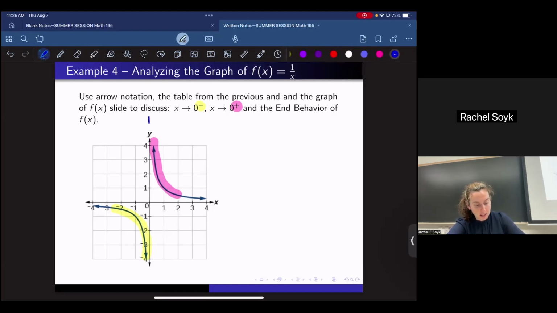And so notice that in both cases, you are hitting that y-axis, our vertical line x equals 0. It's never going to hit x equals 0, but it's getting extremely, extremely close to it. It is approaching it, which tells us that x equals 0 represents a vertical asymptote for us.